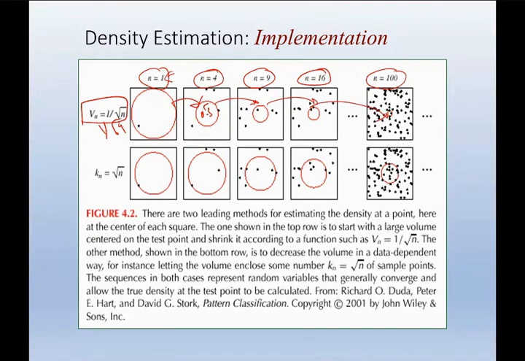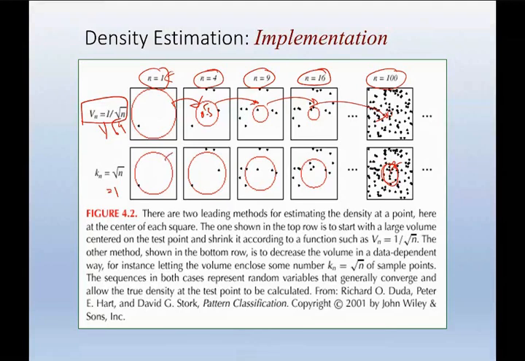Now in the second case, k equal to root n, you can see that as the number of samples increases, the k, that is the number of samples falling in this particular circular window, is increasing. For example, suppose I put n equal to 1, then Kn is equal to 1.